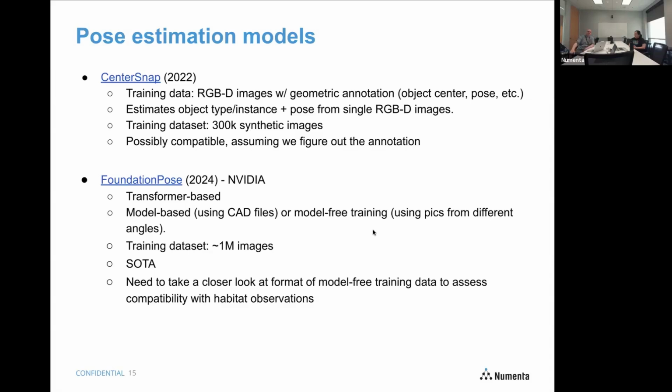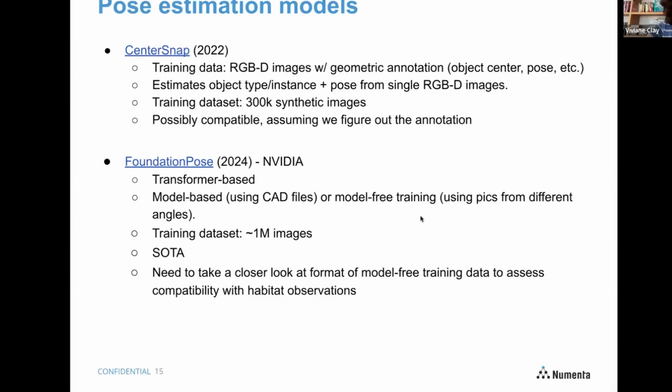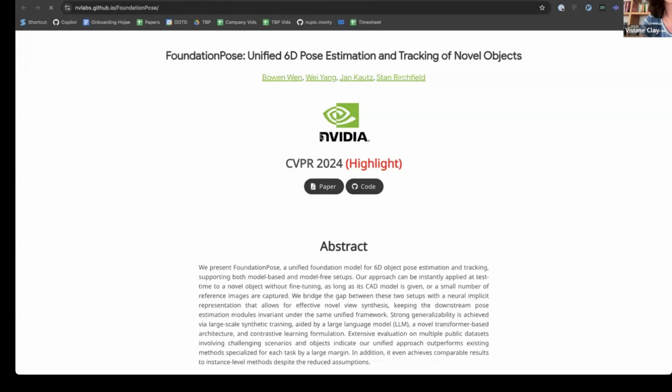So it's a little less brittle. It's not continual learning, but at least it doesn't freak out when it sees something brand new. Can you open up the paper and show the figures in there?